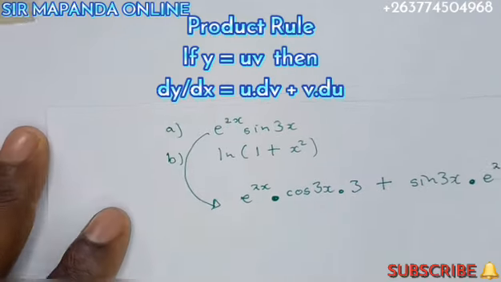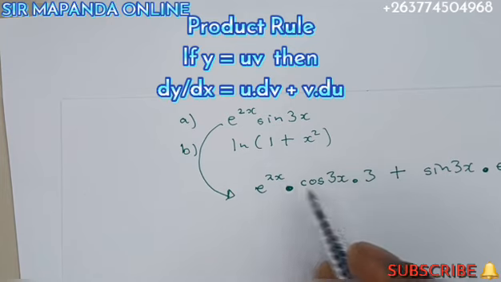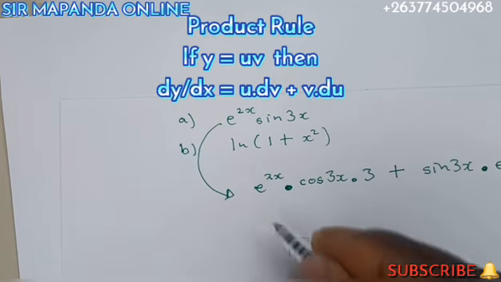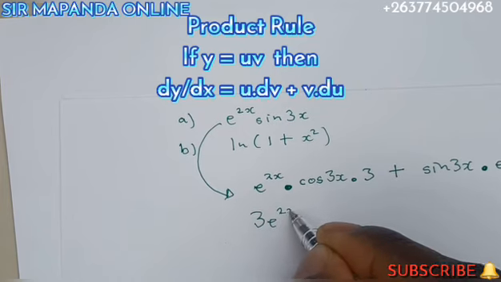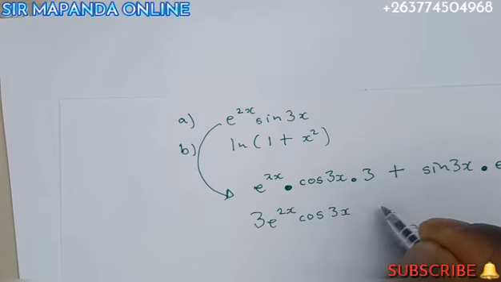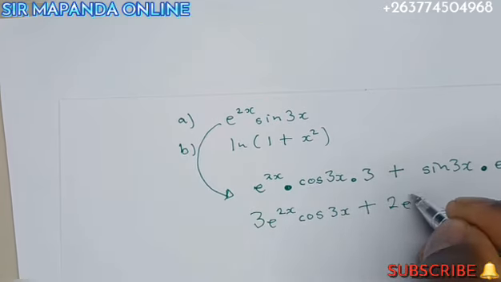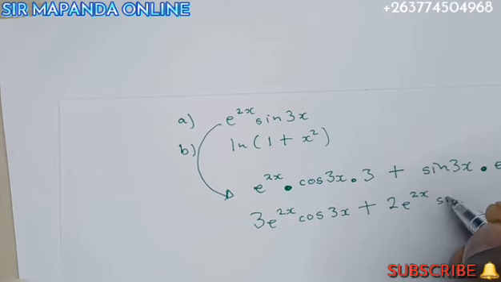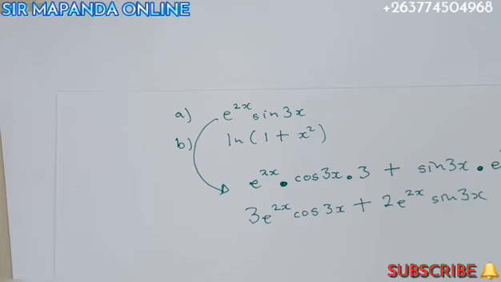So simplifying, you are now saying 3 times e to the power of 2x times cos 3x, you get 3 e to the power of 2x cos 3x. Then you say plus 2 e to the power of 2x sine 3x, something like this. I hope you are following class.